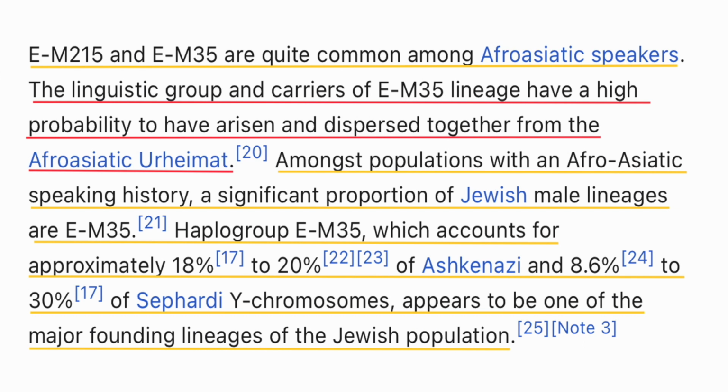Haplogroup E-M35, which accounts for approximately 18 to 20% of Ashkenazi and 8.6% to 30% of Sephardi Y chromosomes, appears to be one of the major founding lineages of the Jewish population.